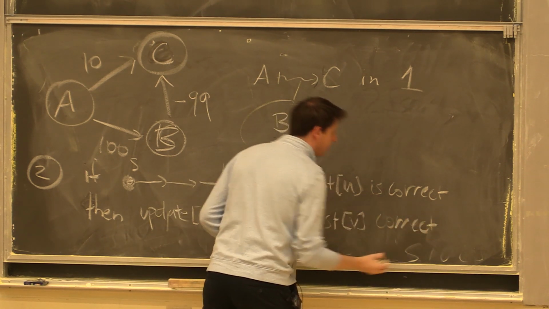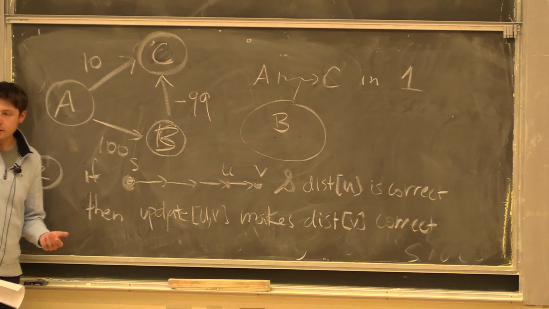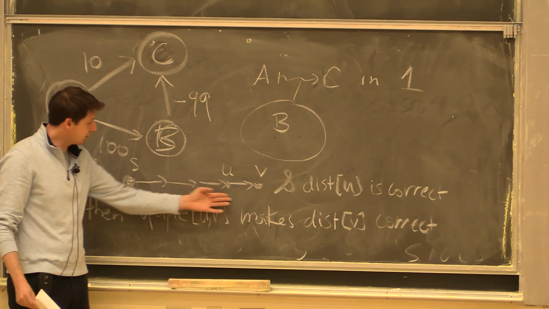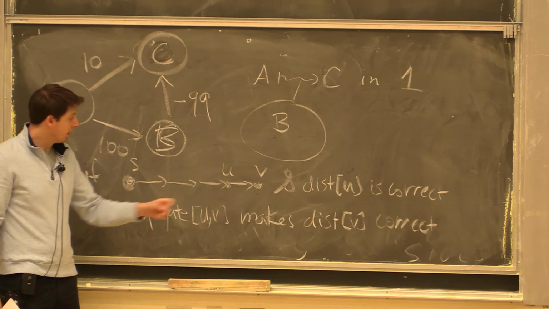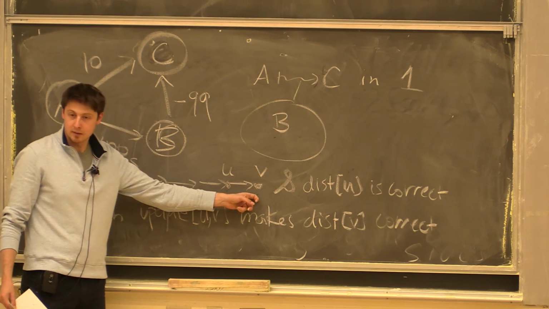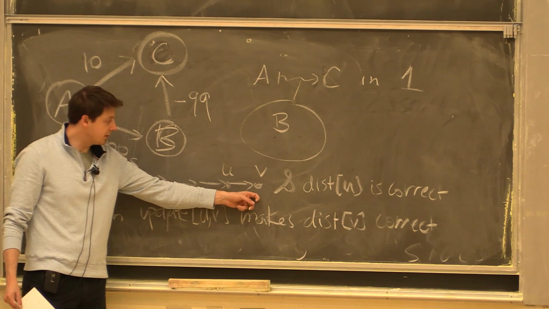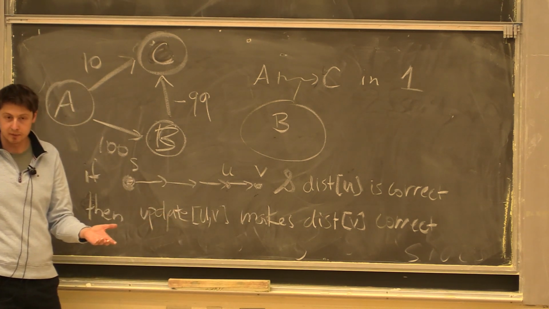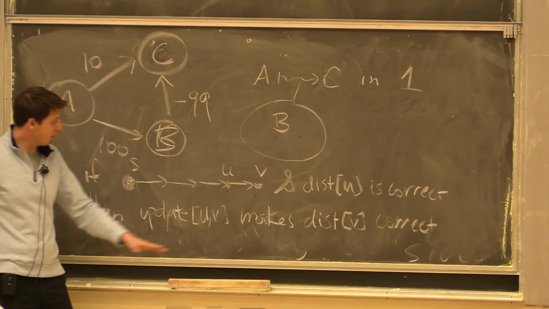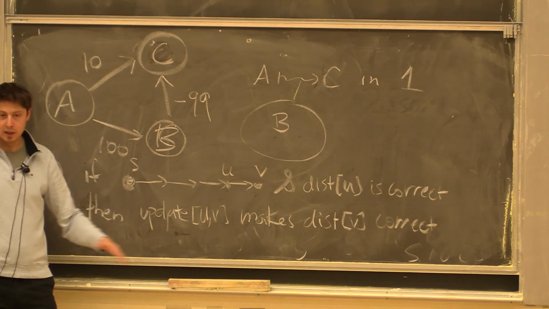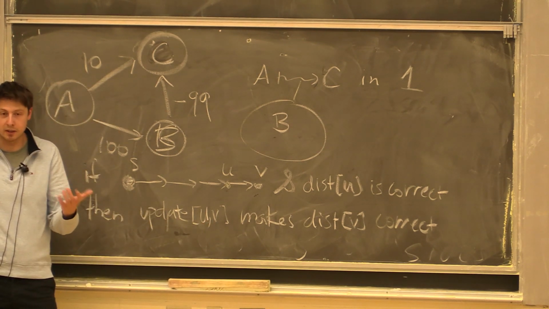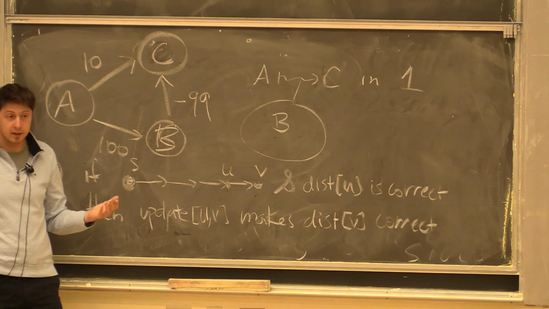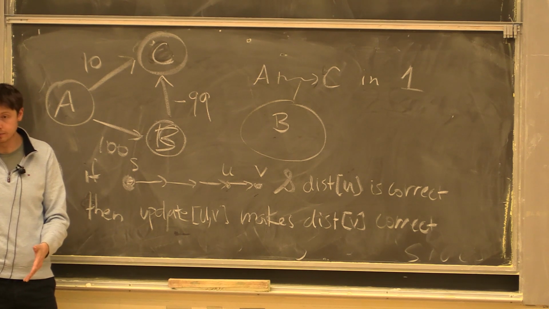Kind of almost by definition, really, right? Because what is the correct distance of V? Well, if this is the shortest path, that's our assumption, it is this plus that, right? And this quantity can be no greater than whatever we have already estimated for V. So whenever we run update UV, it will either leave it the same, so it was already correct, certainly leaving it unchanged makes it correct, or it was greater than that, and then it changes it to the correct value. Okay?